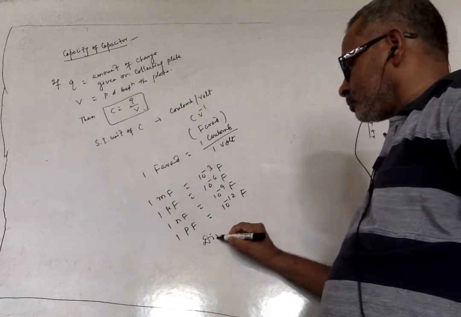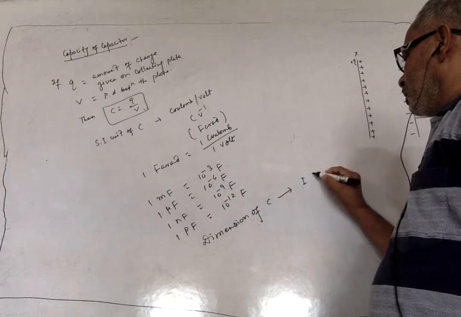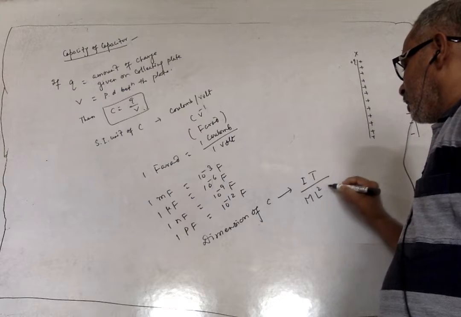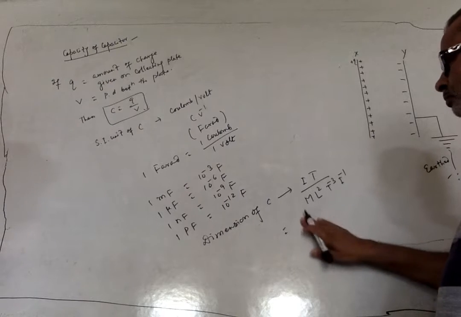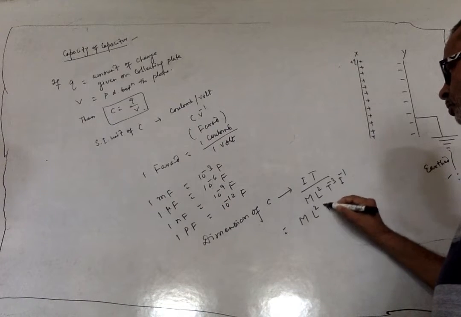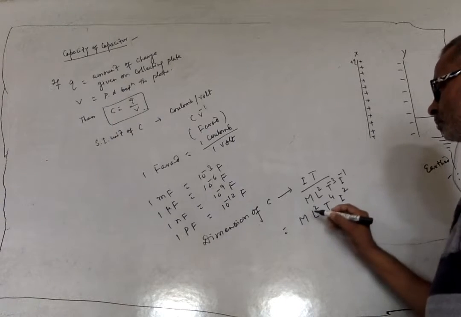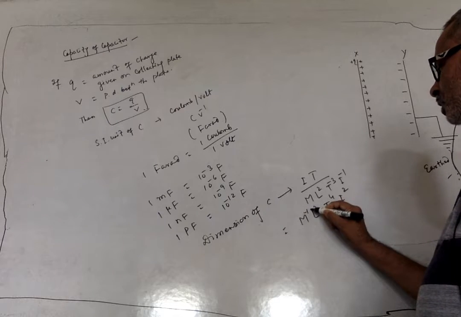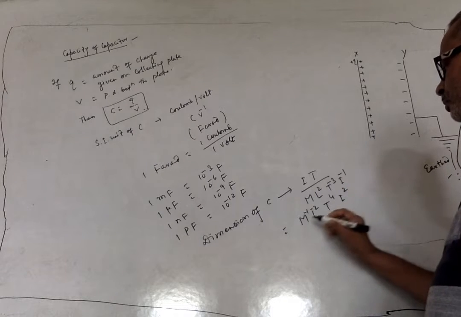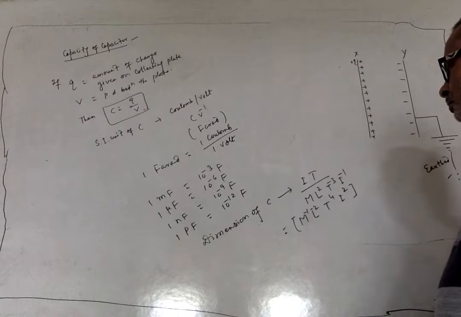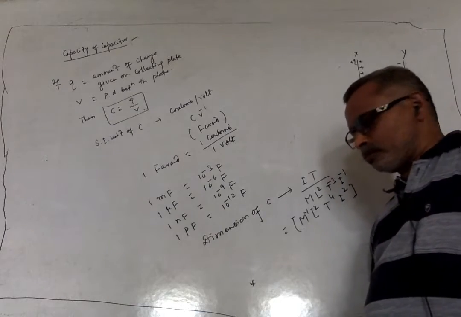Dimension of C: M^-1 L^-2 T^4 I^2. Capacity is a scalar quantity.